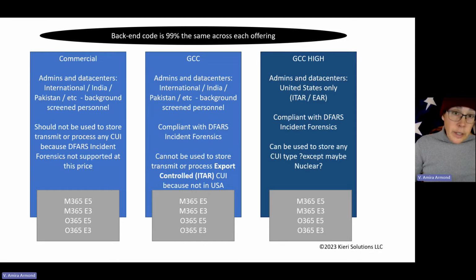The personnel are screened, they are trustworthy, but they're not necessarily US citizens. And because incident forensics in the event of a cyber incident is expensive, the DoD could walk in and seize servers potentially, or tell you to shut down servers.